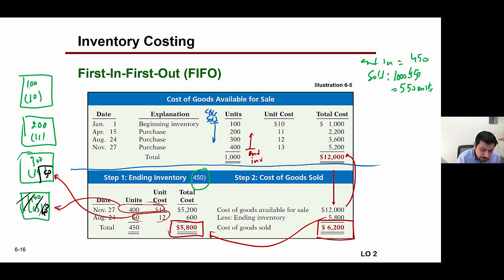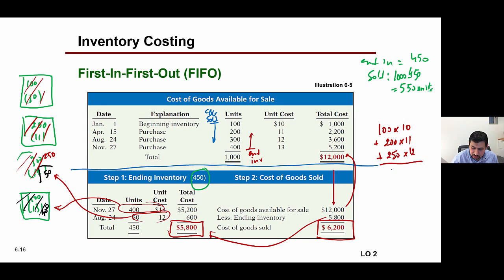Once again, let's look at this one here. We have 550 that we needed to use, so we used the 100 here, 200, and then we also sold 250 from this one. As a result, we would have 100 multiplied by 10 plus 200 multiplied by 11 plus 250 multiplied by 12.